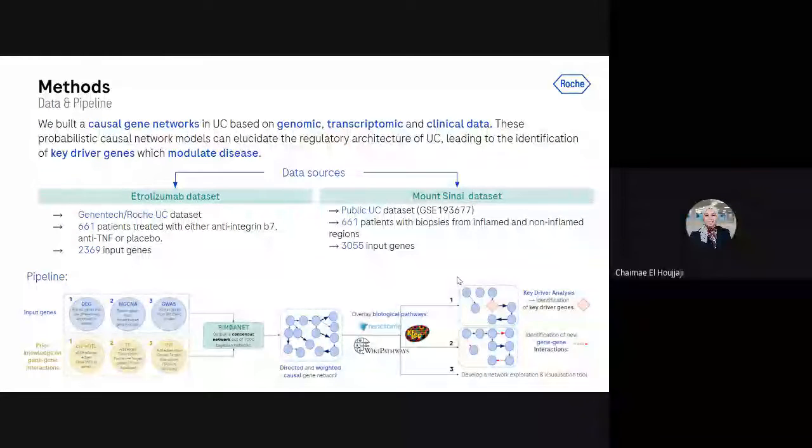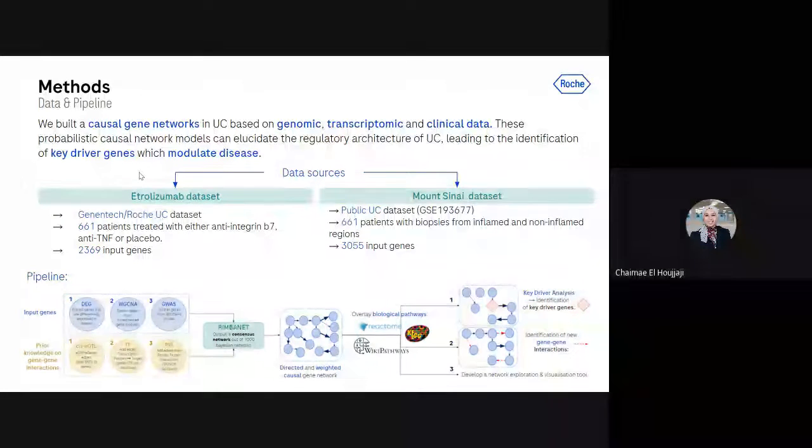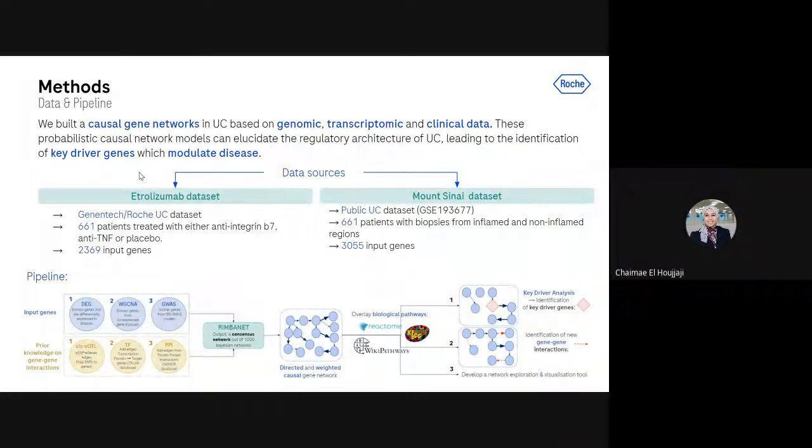So we ran our Bayesian network using two gene expression datasets. The first one is the etrolizumab dataset, which is a Genentech Roche UC dataset composed of 661 patients that were treated with either anti-integrin beta-7, anti-TNF, or placebo. And we have more than 2,300 genes as an input to the network for this dataset.